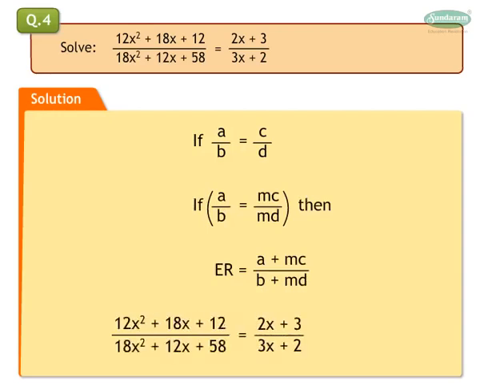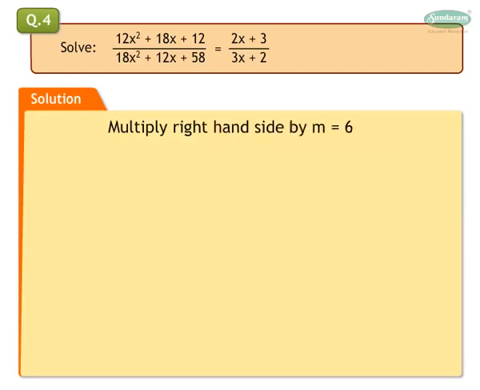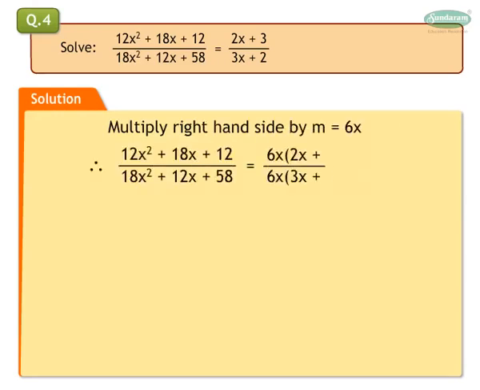If 12x² + 18x + 12 is equal to a, 18x² + 12x + 58 is equal to b, 2x + 3 is equal to c, 3x + 2 is equal to d. And if our m is equal to 6x, then we get the right-hand side is equal to 6x(2x + 3)/(6x(3x + 2)).